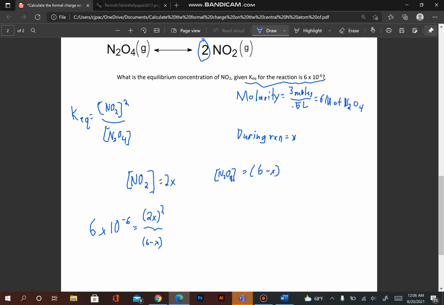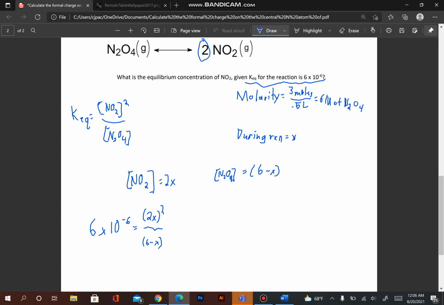One thing to note here is that conceptually speaking, a 6 molar solution is too high in concentration to have any conceivable change in the reaction while maintaining equilibrium. So the balance within the reaction would be knocked out of proportion. As such, it is common practice in chemistry to remove the X value for the N2O4 variable.